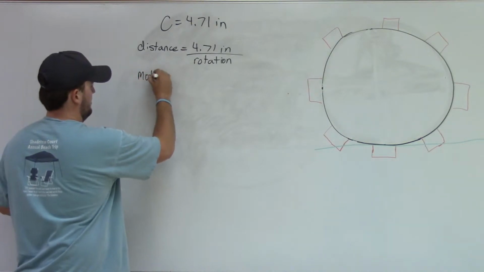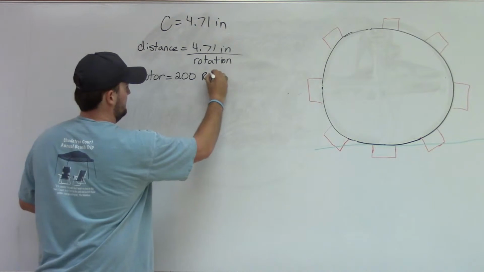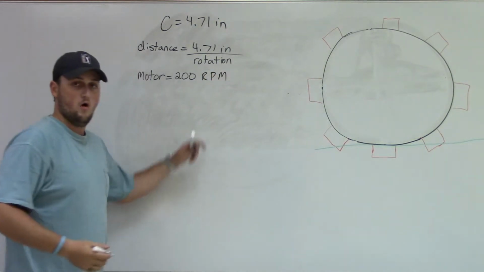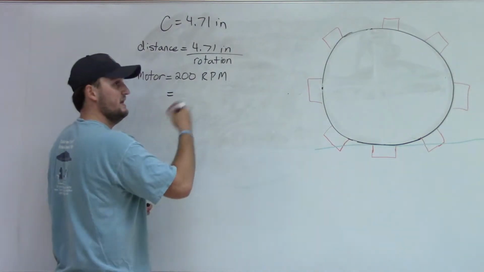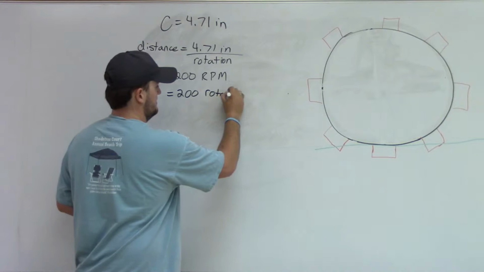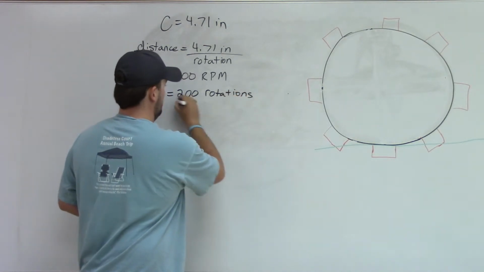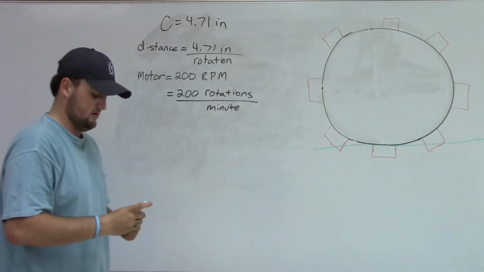Motor equals 200 RPMs. RPM stands for rotations per minute. So this motor is essentially spinning at a rate that it is going 200 rotations per minute and making the wheel go that fast as well.